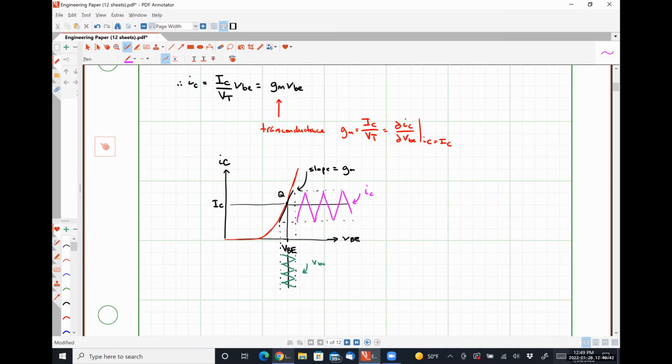Now the current is gm times VBE instead of IS EXP of VBE divided by VT. We're linearizing our nonlinear model for small perturbations. That's the whole point of these small signal models.